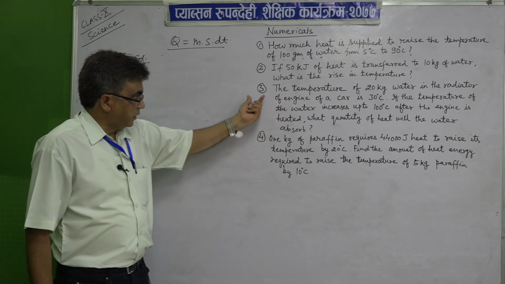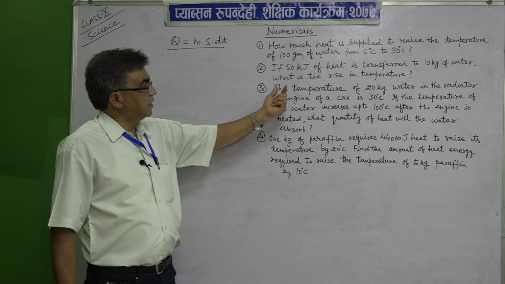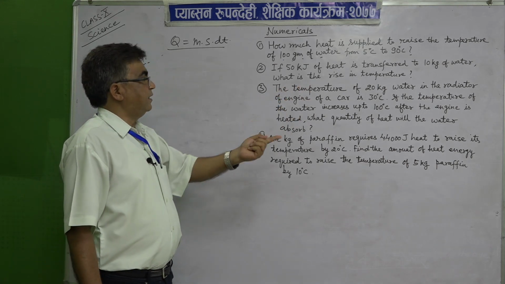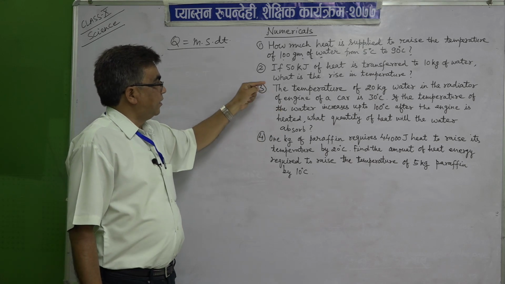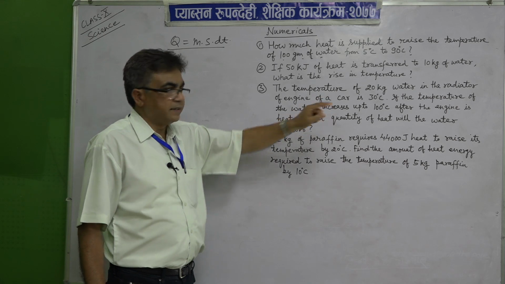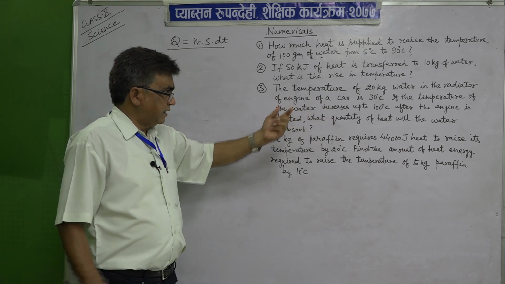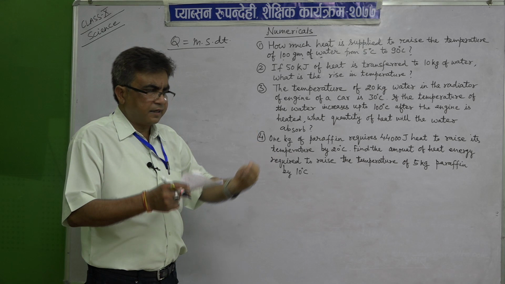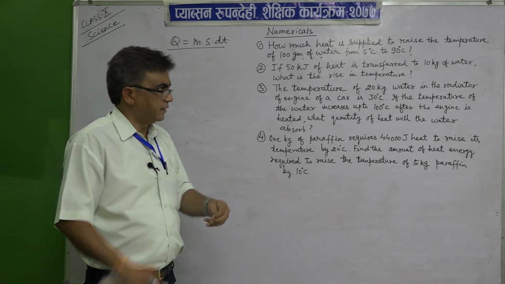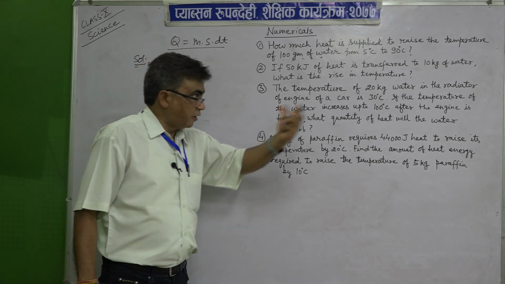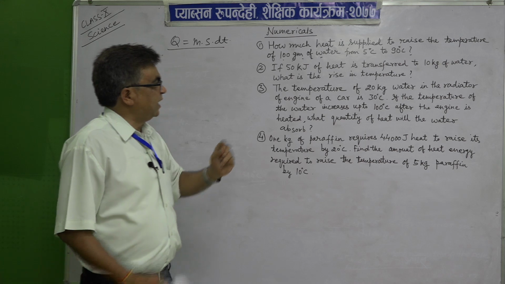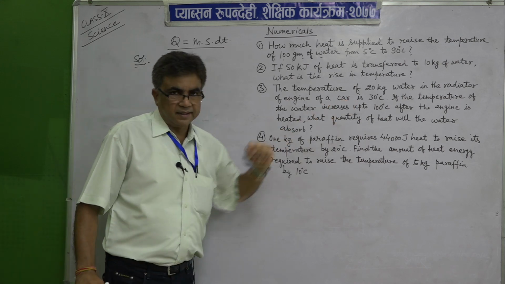Look here. Number 3: the temperature of 20 kg water in the radiator of the engine of a car is 30 degree centigrade. Very simple thing. There is a car, inside the car there is a radiator, and there is water inside the radiator. The mass of water is 20 kg, and initially its temperature is 30 degree centigrade.